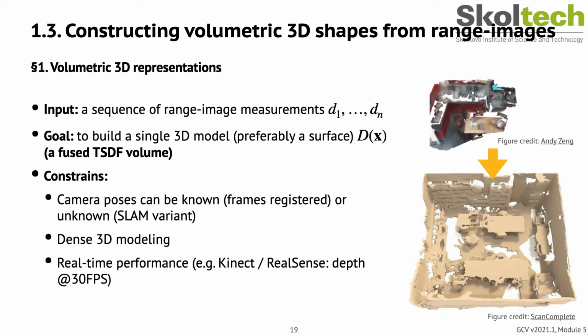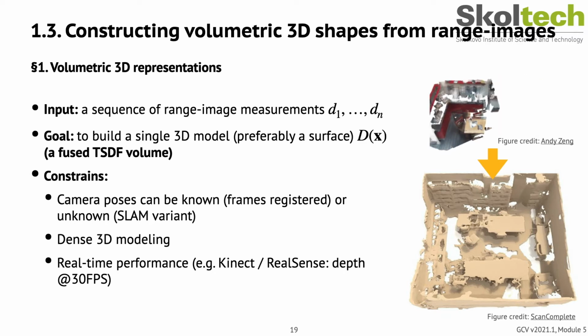where you can see how the model updates incrementally as more depth frames are being used to build the reconstruction. This has been a popular technique in computer vision, where RGBD cameras such as Kinect or RealSense, which are able to deliver high resolution and high frequency depth at high frame rate, have been used to build reconstructions of entire rooms.